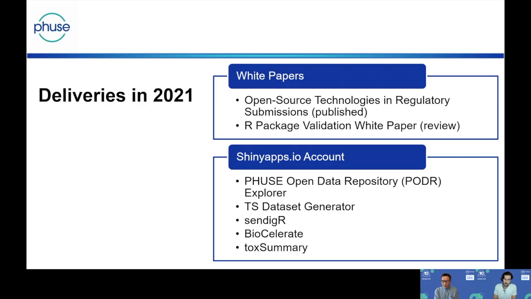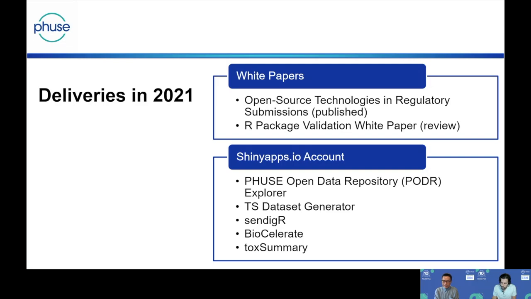The second category is the applications developed by different projects. The first one is the PHUSE Open Data Repository application. This one was initially developed last year during the PHUSE hackathon, and we have now published it as an R Shiny application on the PHUSE R application platform.